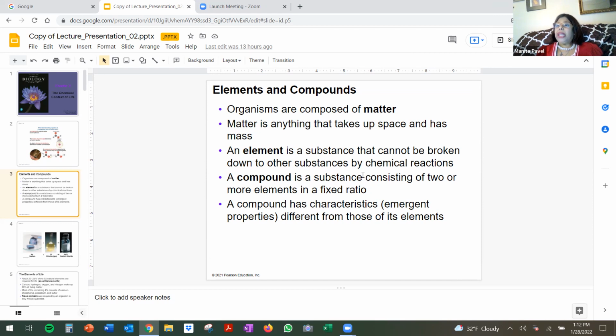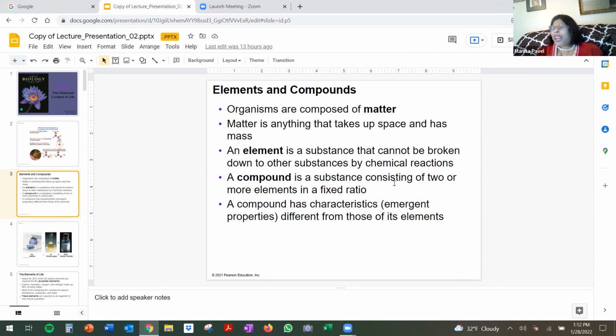We will be looking at a list of elements and the scientific notation in the periodic table in the following slides. What then is a compound? A compound is a substance which consists of two or more elements which are present in a fixed ratio.